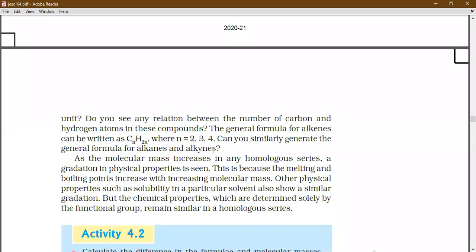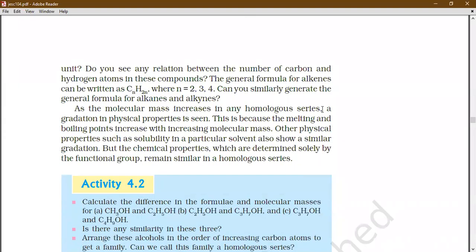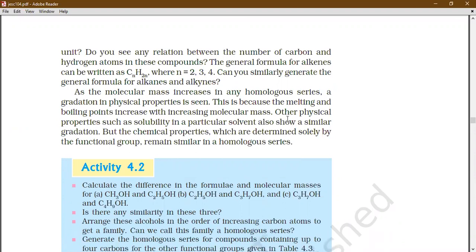Do you see any relation between the number of carbon and hydrogen atoms in these compounds? The general formula for alkenes can be written as CnH2n, where n is equal to 2, 3, 4. Can you similarly generate the general formula for alkanes and alkynes?